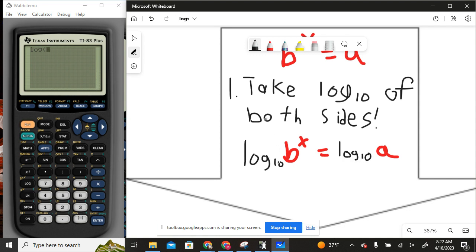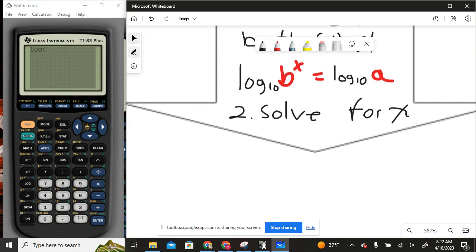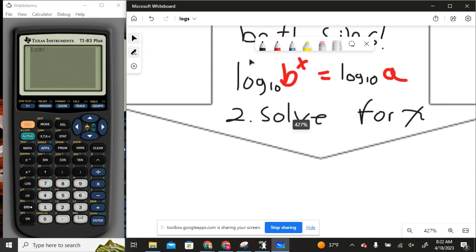All right. First step done. Second step that we got to go through is solve for x. So step 2, solve for x. All right, how do we solve for x here? First off, we got to go through some of the different properties with logs.